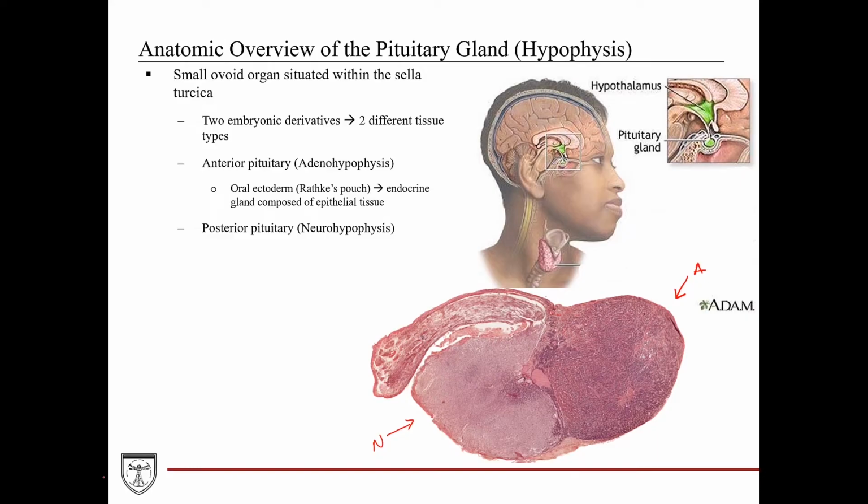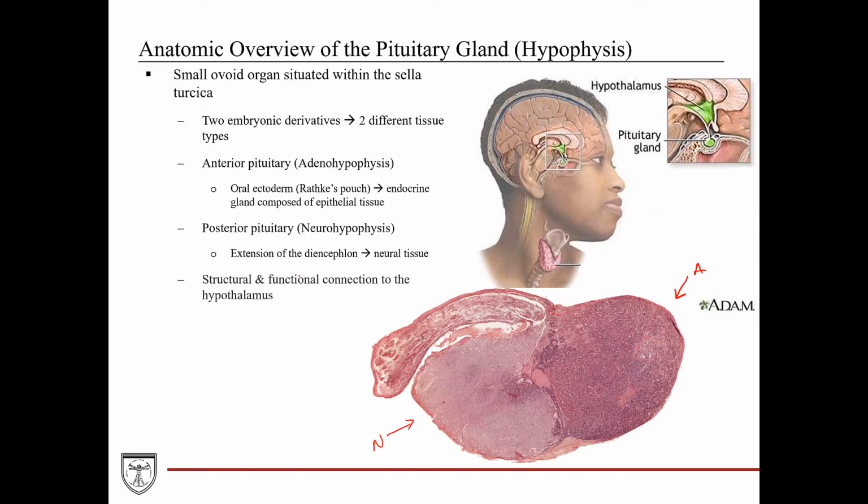The posterior pituitary gland being essentially an extension of the diencephalon, a region of the brain, it is comprised of the neural tissue, and as we zoom into the posterior hypophysis, we'll see more and more resemblance to the neural tissue histology. Whereas in the anterior pituitary, we will likely see the histology that is more consistent with epithelial-derived glandular cells.